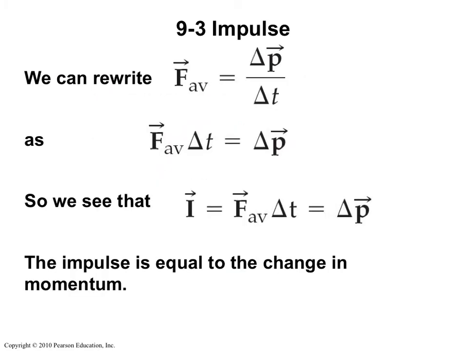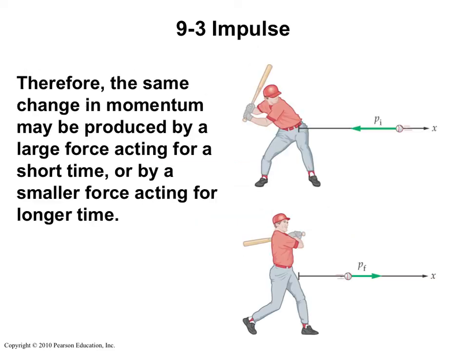Now here is how we can derive this. We saw earlier that force equals momentum over time. Now what I can do is solve for momentum, and I will get this equation, which is also equal to my impulse equation. Therefore, impulse is the change in momentum. Impulse is pretty straightforward.